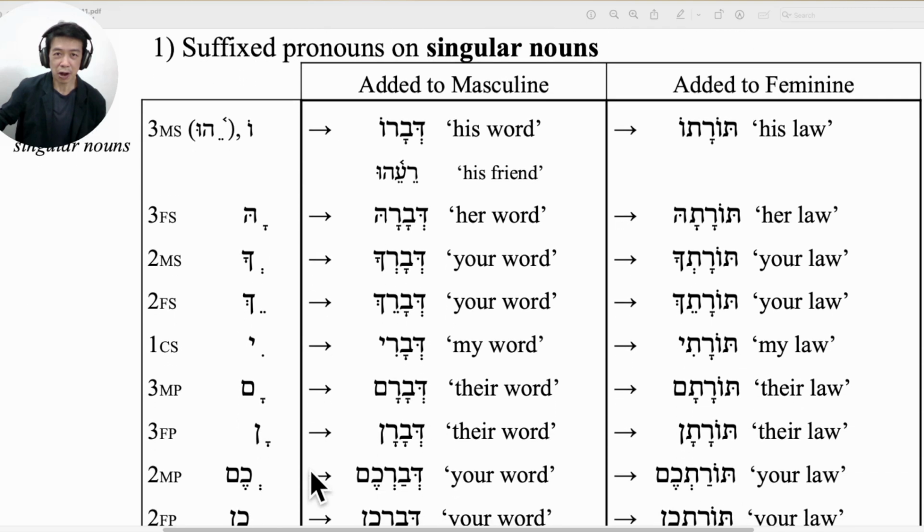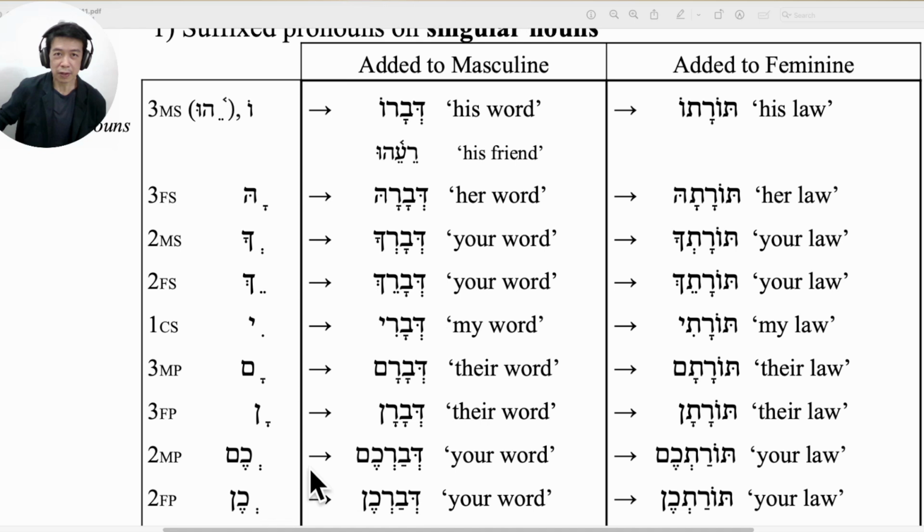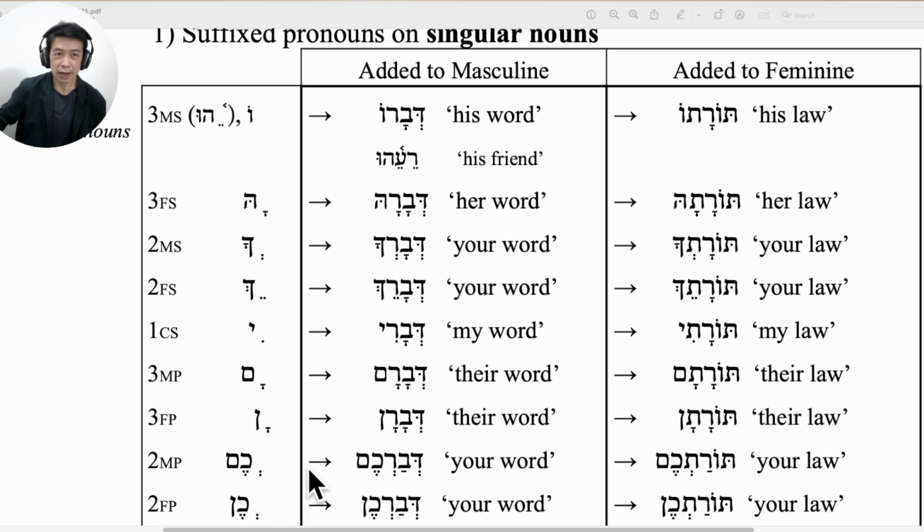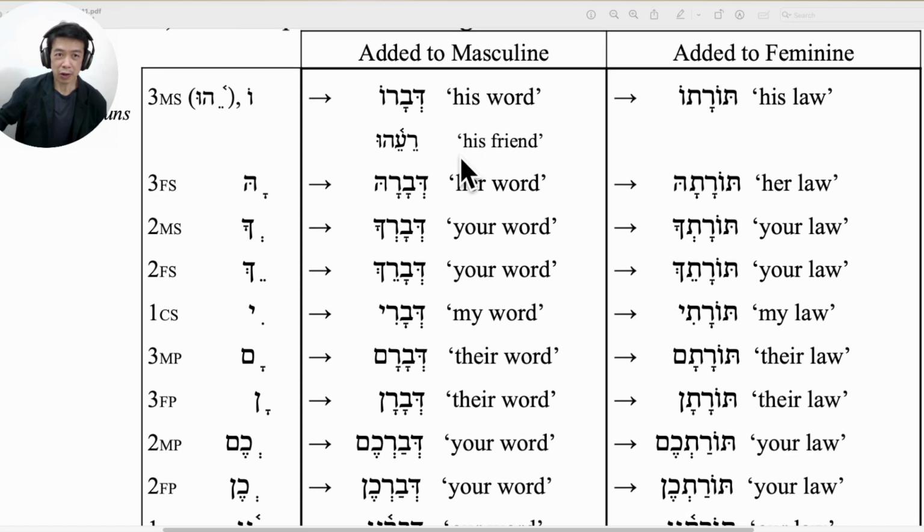So here's a table of the suffixes that are added to words, like a masculine word like word or a feminine word like law. But first, let's take a look at the attachments to the words.